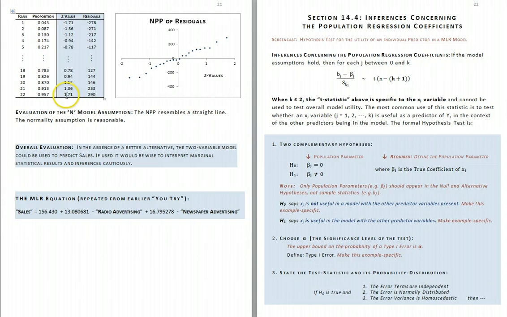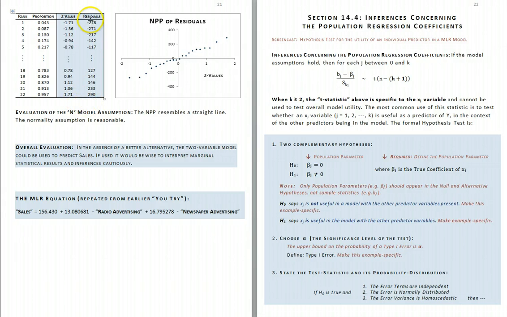This is the column of the z-values. The first z-value is obtained using the function NORM.S.INV of the proportion immediately to the left, and so forth, and that function was pulled down through this column.